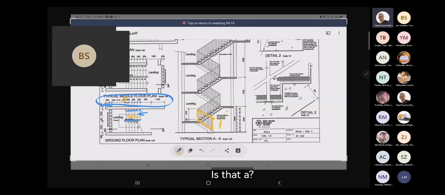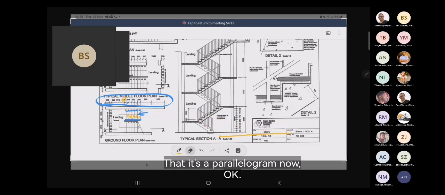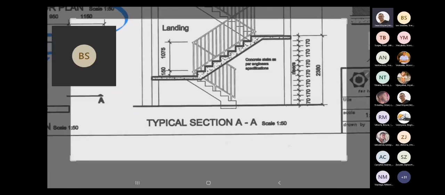Is that a parallelogram? It is? Yes, it's a parallelogram. Okay. Now let's blow it up a little bit. Have a look at it.